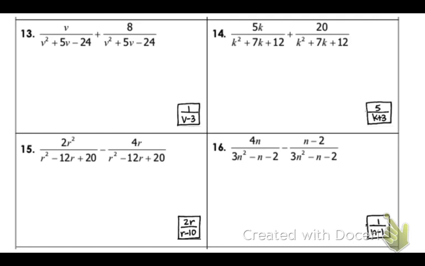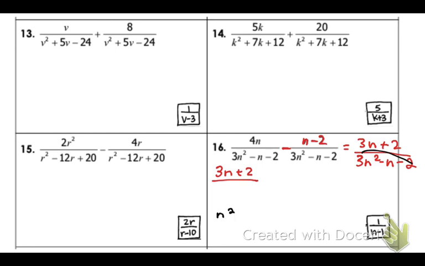Okay, so we have like bases. So I'm just going to go ahead and combine the like terms at the top. Be left with 3n plus 2. The reason I have a plus 2 is because this is minus n minus a negative 2, so it's plus 2. Then 3n squared minus n minus 2. I'm going to go ahead and factor. I can't factor the top, but the bottom I can. Now these are not like terms, so you're going to have to go ahead and do that whole fraction.